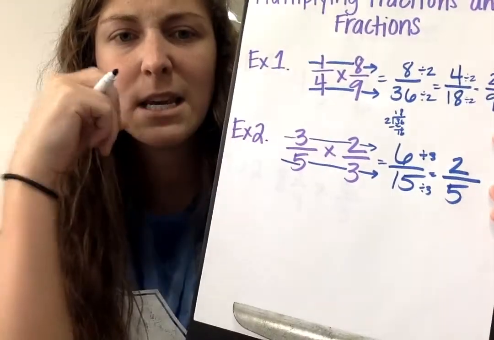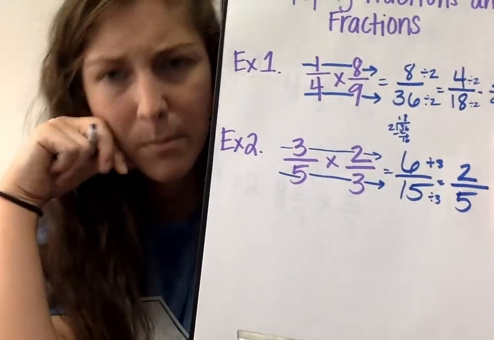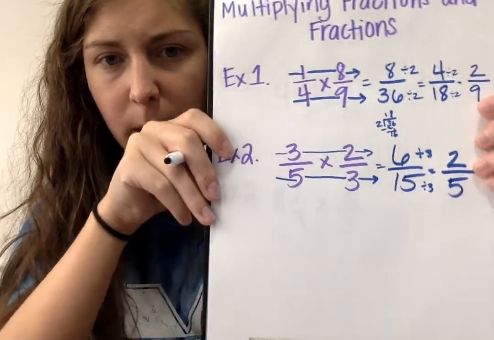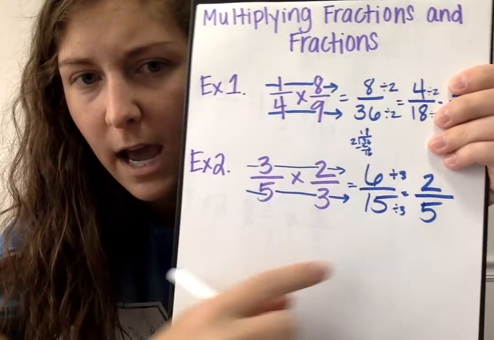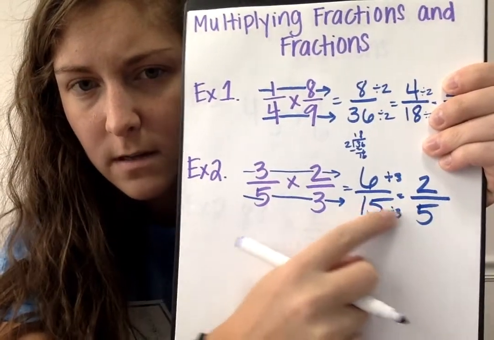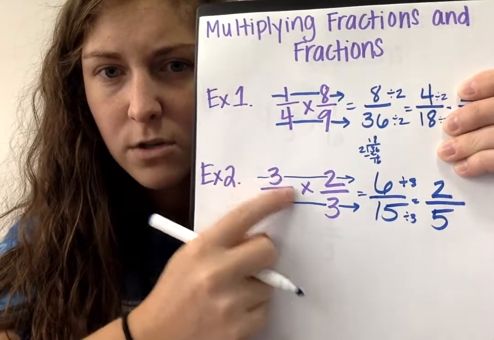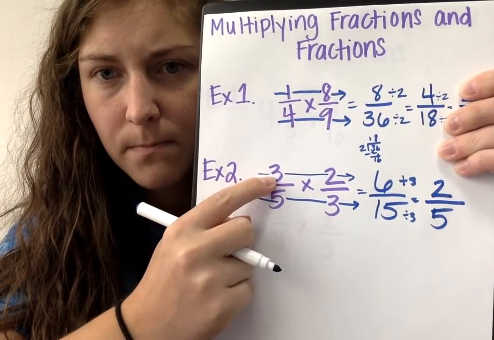Does anybody see anything kind of funny from that problem? I multiplied 3/5 by 2/3, and I ended up getting 2/5. There's a 2 right here, and there's a 5 right here, and there are two 3s right here.